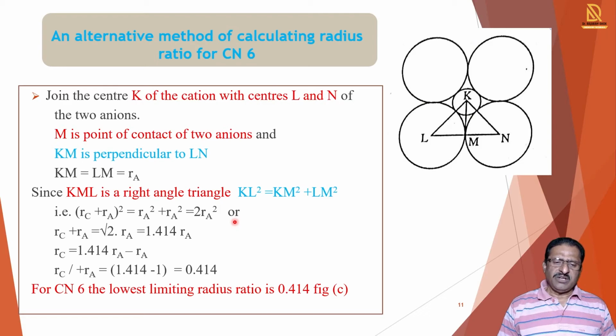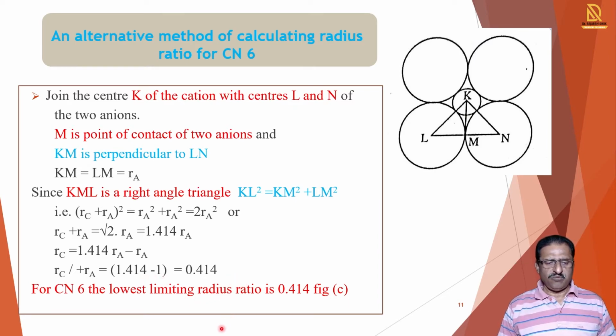By rearrangement, Rc plus Ra is equal to under root 2 into Ra is equal to 1.414 Ra. Again, we can calculate for Rc: 1.414 Ra minus Ra, then Rc by Ra is equal to 1.414 minus 1, that is equal to 0.414.